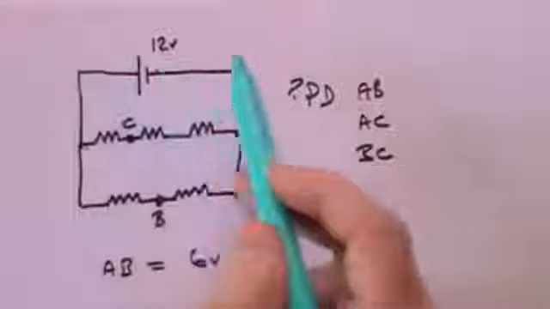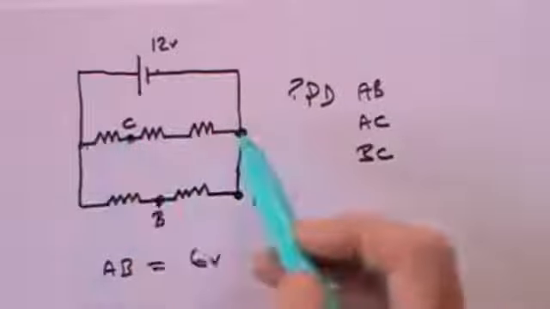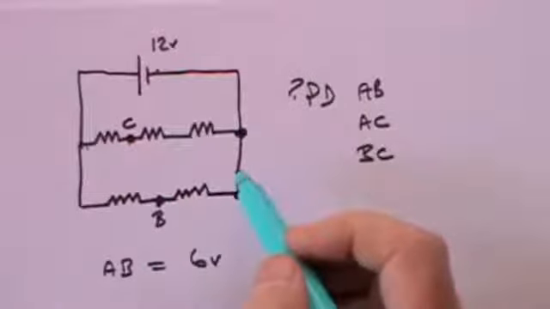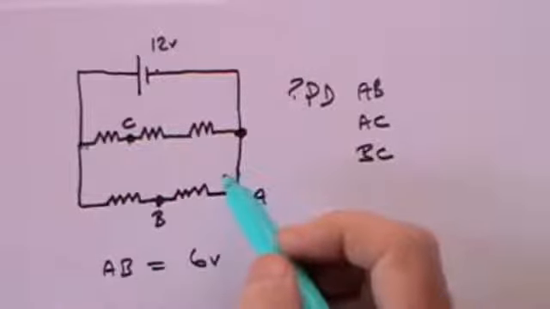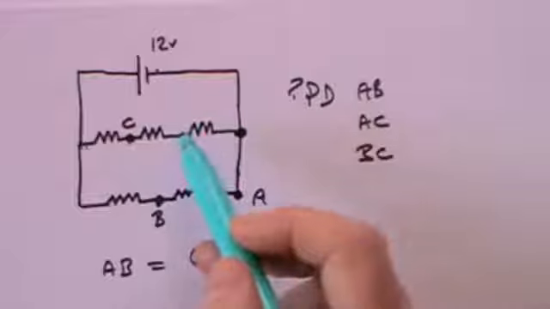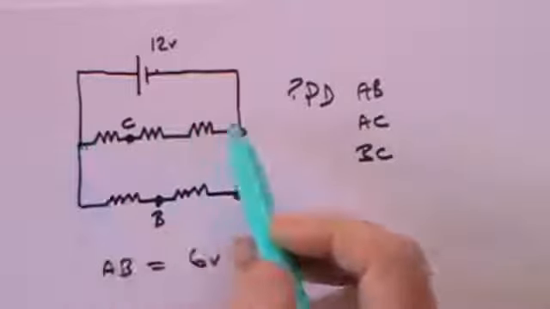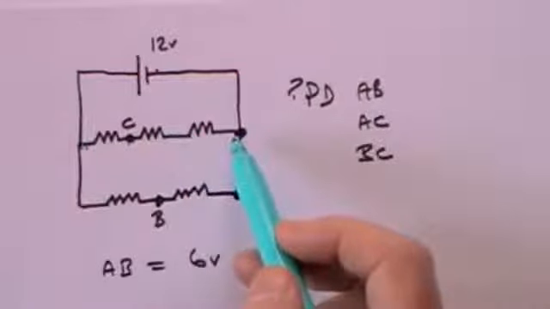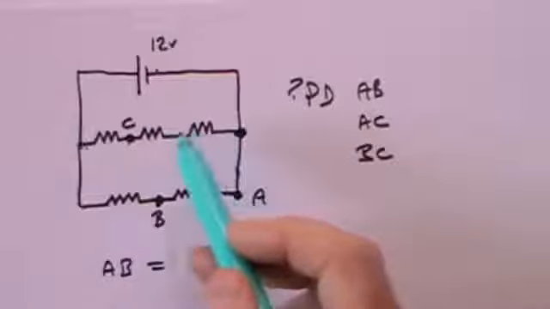And the answer is it's the battery. 12 volts across all 3 resistors, but all 3 resistors have the same value, so there will be the same potential drop across each of them. If there's 12 volts across 3, then there must be 4 volts across just one.